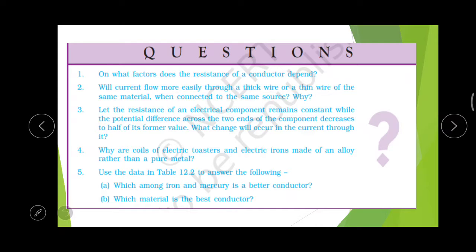So that means if V changes to V by 2, then I will change to I by 2 if the resistance of the conductor remains the same. If you are keeping the resistance of the conductor constant, then V becoming V by 2 means I should become I by 2. That means V is directly proportional to I. You have to remember that relation, that is Ohm's law.